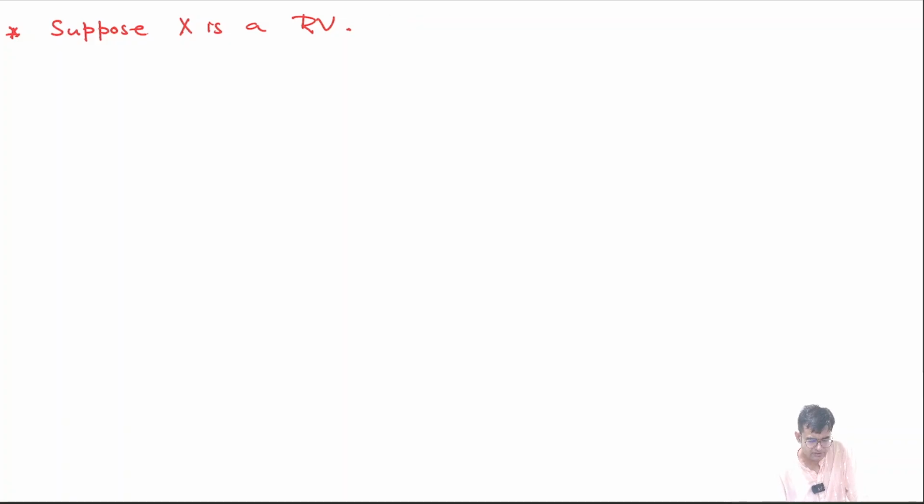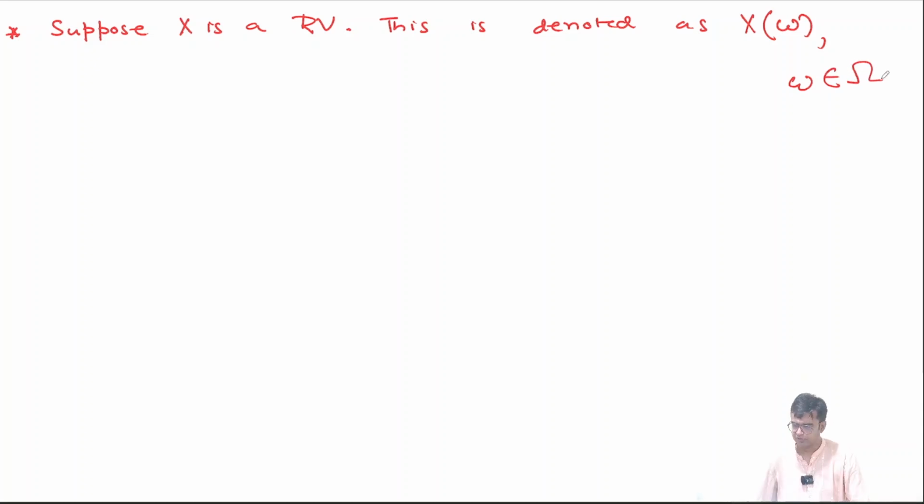So this is denoted as X(omega), where omega belongs to capital Omega. Now what is this small omega? What is this capital X? Let us spend 1 or 2 minutes trying to understand that.